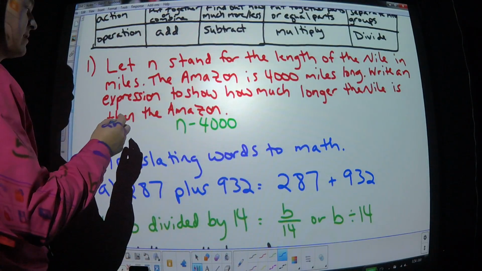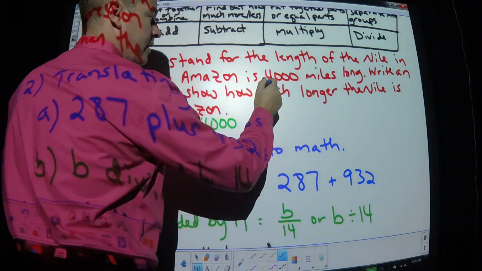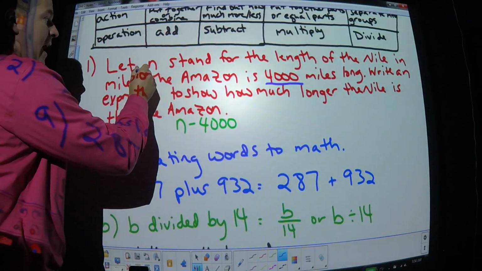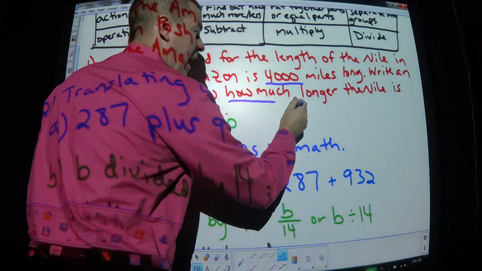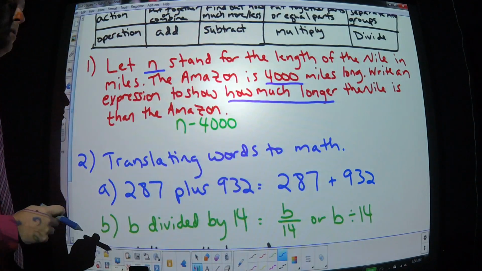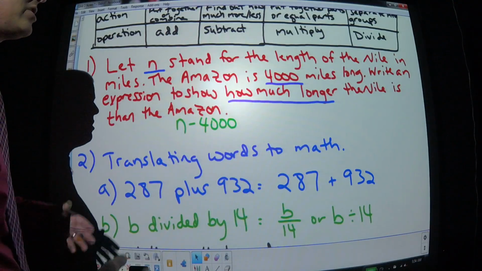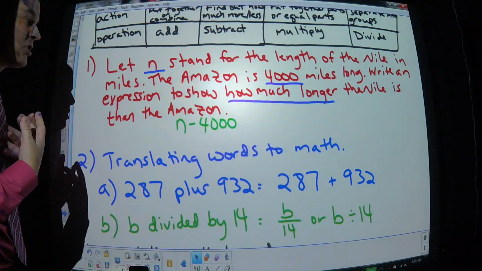For instance, we want to identify that the Amazon is 4,000 miles, that the Nile is N, and how much longer. So we've got our key information. Now we just need to put it together and actually write an algebraic expression.